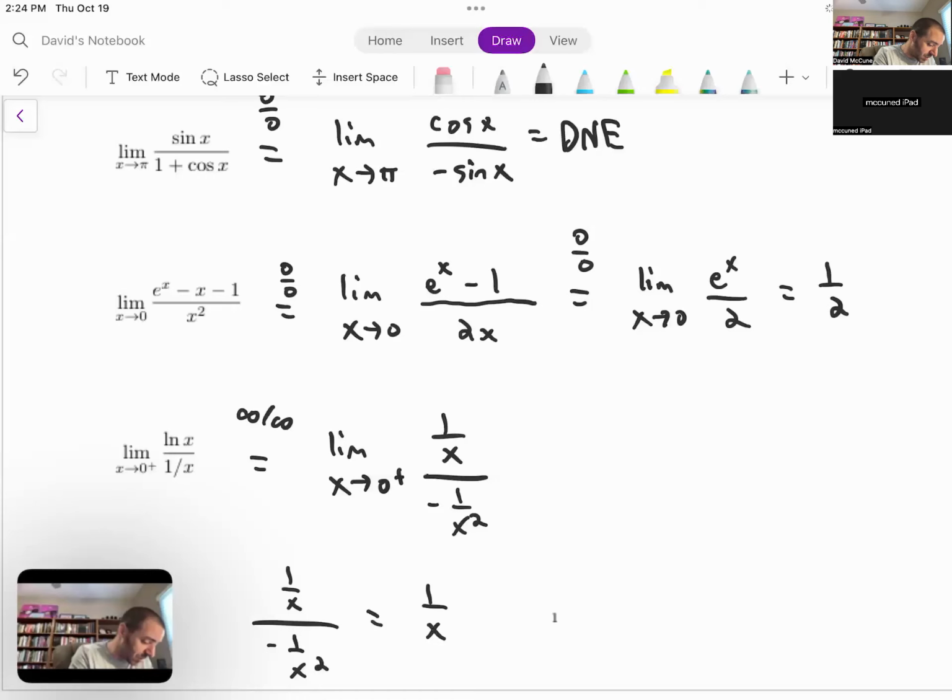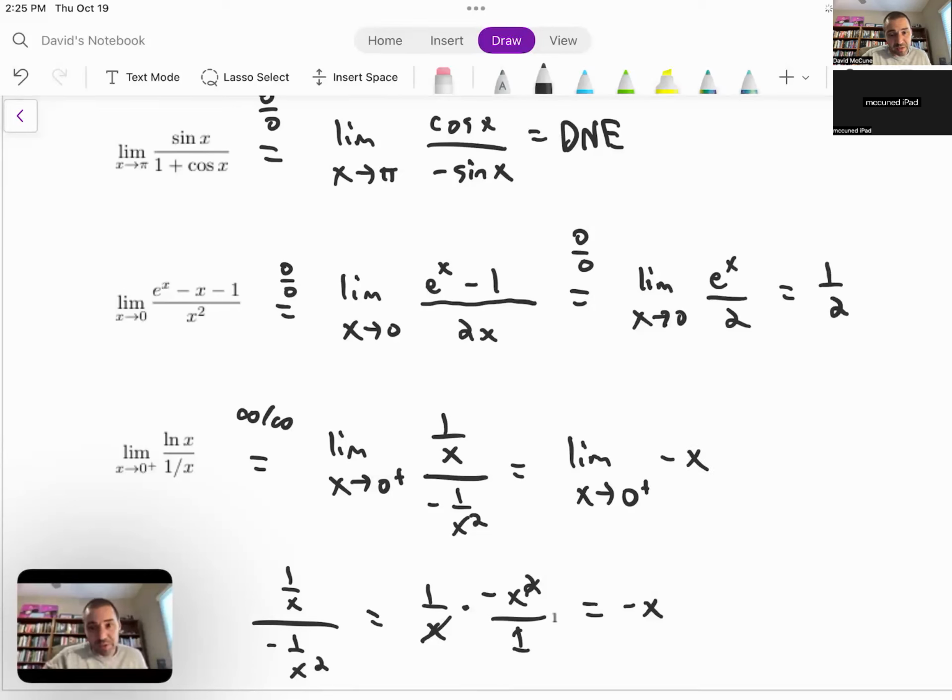That's 1 over x times negative. You multiply by the reciprocal. So we have x squared over x, basically. X times x over x. So up top, one of those x's cancels, and we get just negative x. Like this.